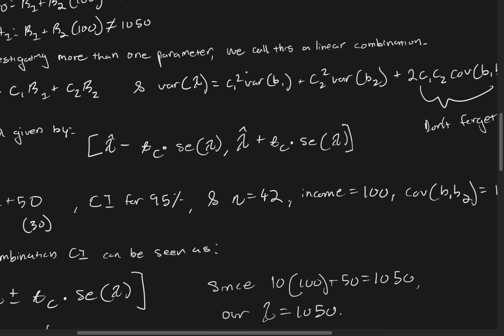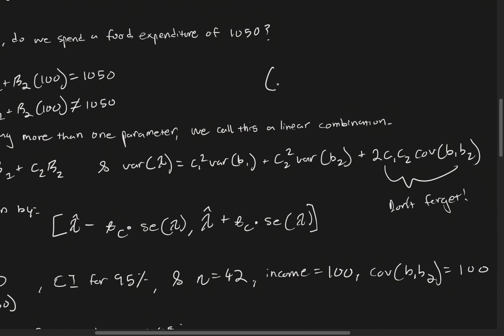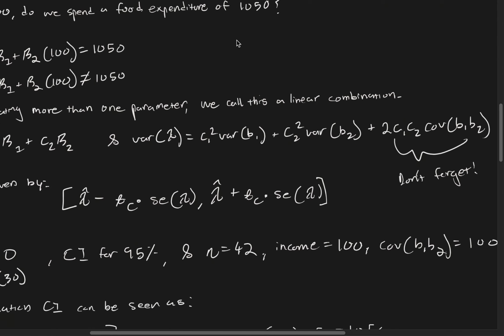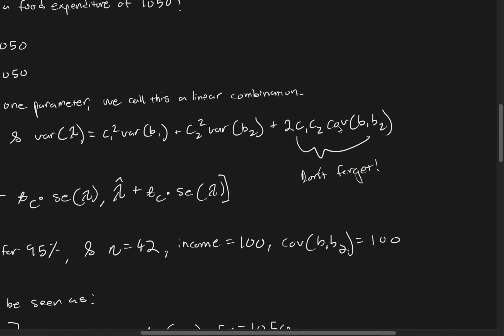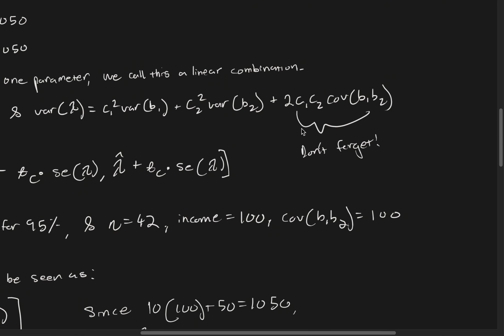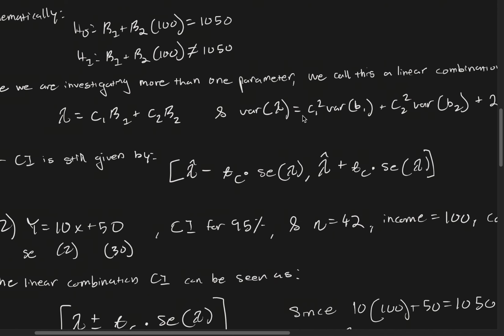Recall that when we're measuring the variance, we have to do x minus x mean, squared. So it's in relation to that. But anyhow, we also have to account for the covariance, which from what I've seen, people tend to forget a lot.